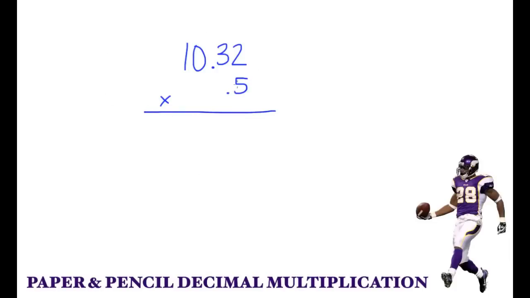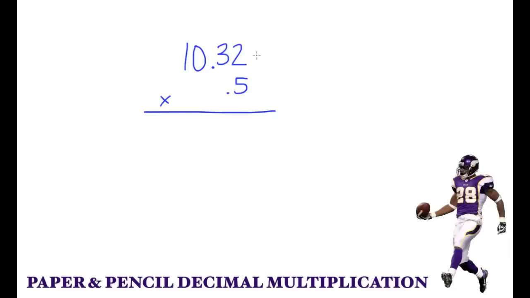Now, normally when you multiply, the number gets bigger, right? Because you're multiplying, you're making it bigger. In the case of decimals, if one of the numbers that you're multiplying by is less than 1, you're actually multiplying it times a part of 1, or a number smaller than 1, which means it's like taking less than 1 whole of this number.